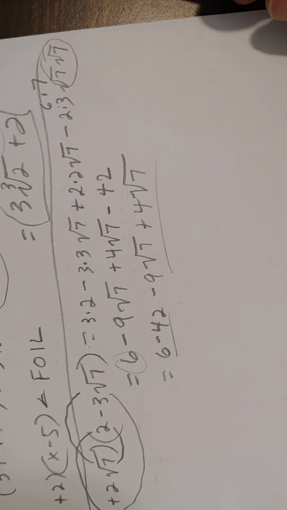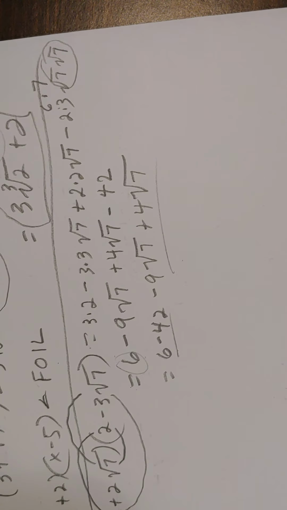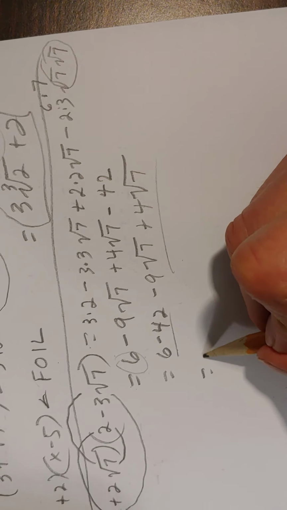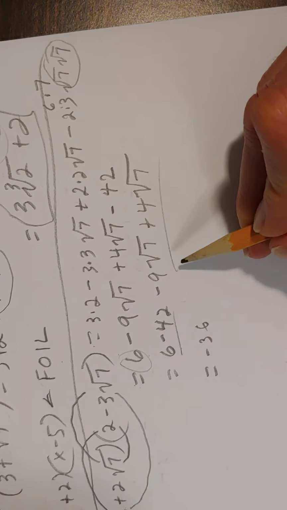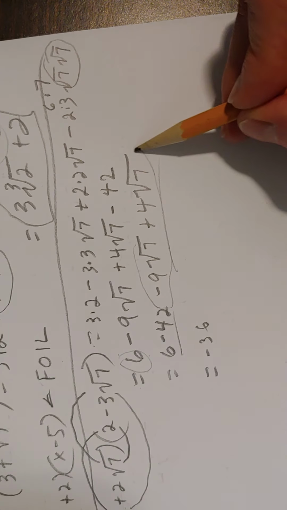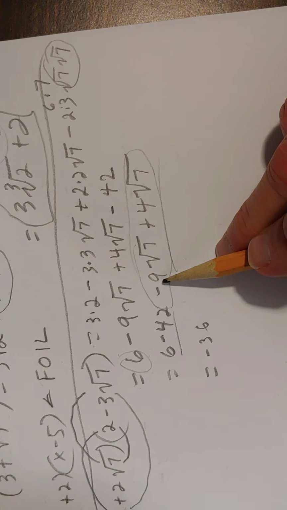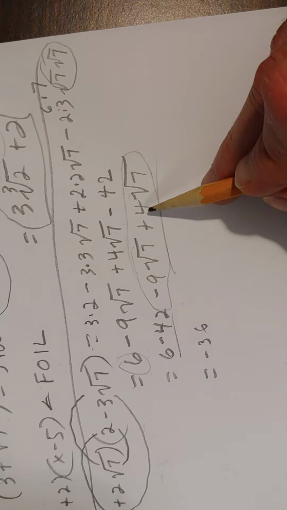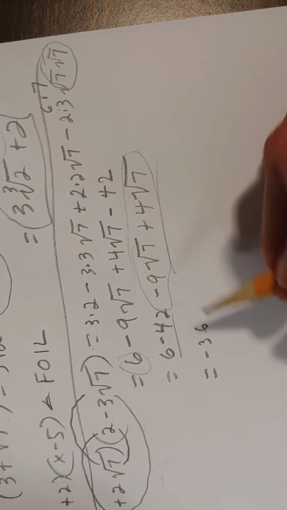And 6 minus 42 is negative 36. So this is just negative 36. And then combining these two, we have negative 9 of them plus 4 of them. Negative 9 plus 4 is negative 5. Minus 5 square roots of 7. And there's the answer in simplest form.